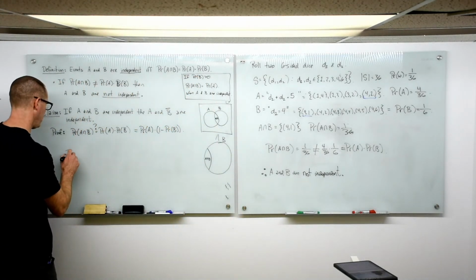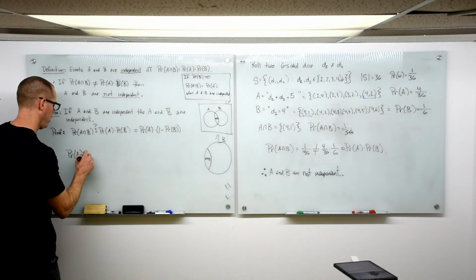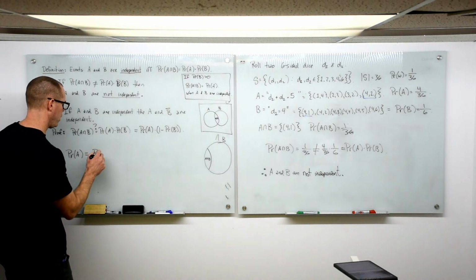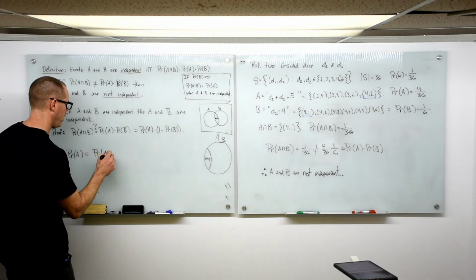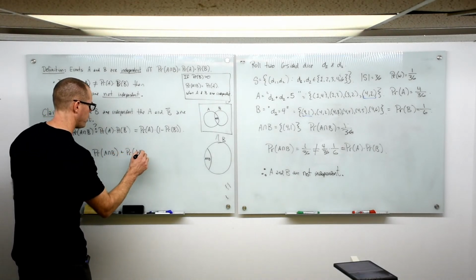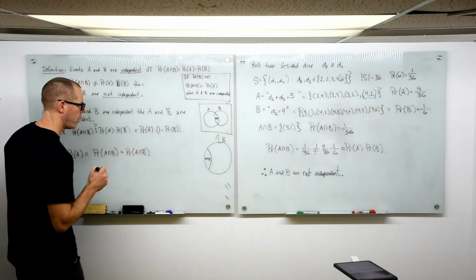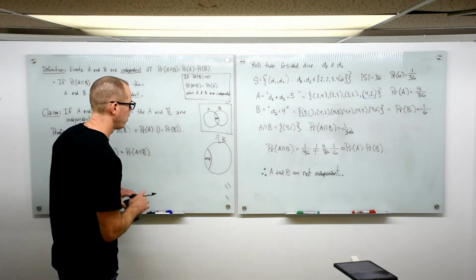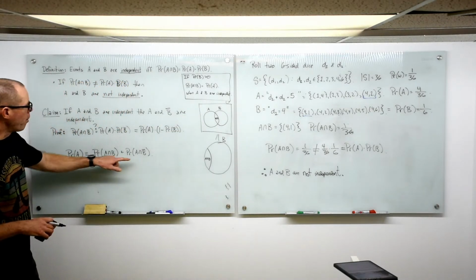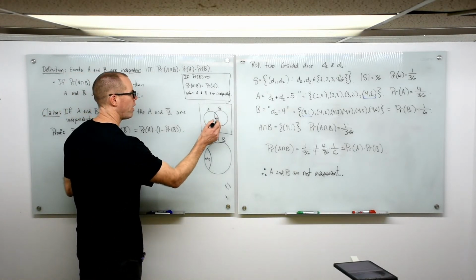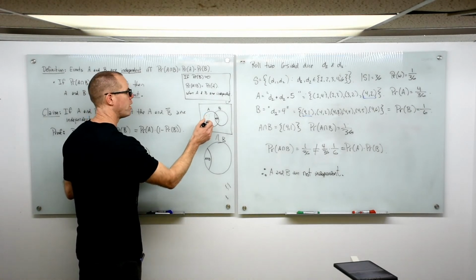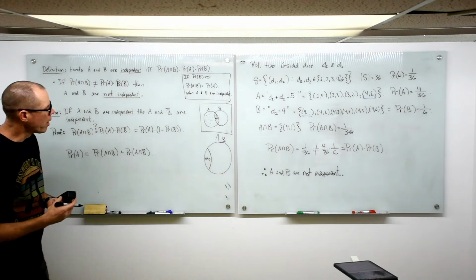So what's the probability of A? You can write that out, the long way, as the probability of A intersect B plus the probability of A intersect not B. If I want to know the probability of A, I can split that up into the probability that I'm in the intersection, that's one part, and the probability that I'm just in A but not in B, that's the other part.